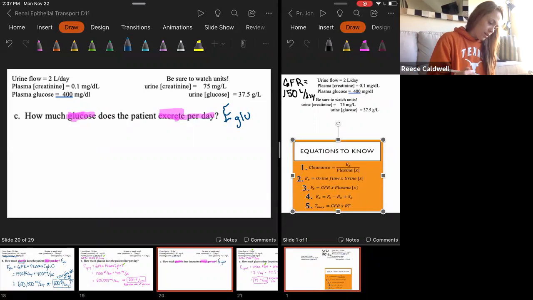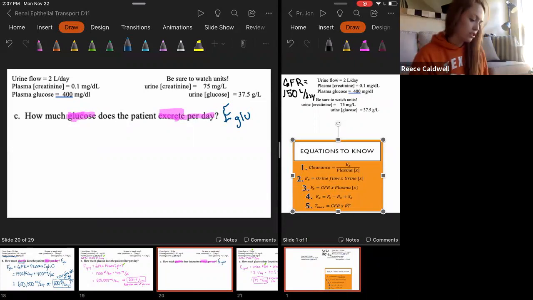So let's look at our equations. We actually have two equations for excretion rate. We have excretion rate equals urine flow times urine concentration, and we have excretion rate equals filtration rate minus reabsorption rate plus secretion rate. If we look at our givens, we're not given filtration rate, reabsorption rate, or secretion rate. However, we are given urine flow and urine concentration.